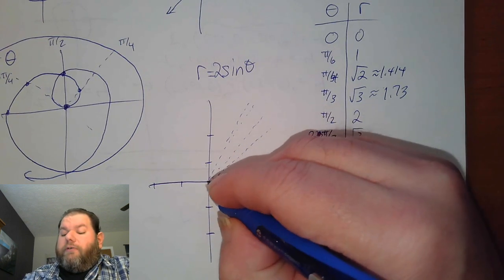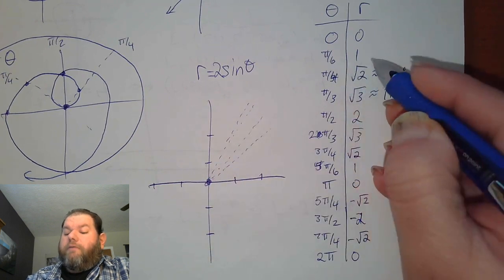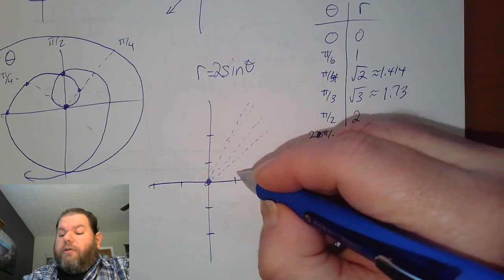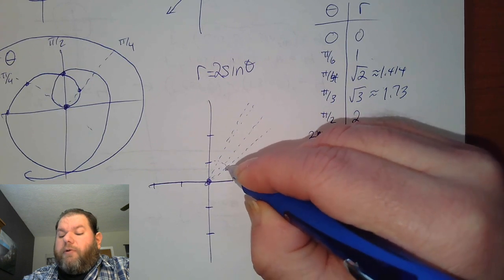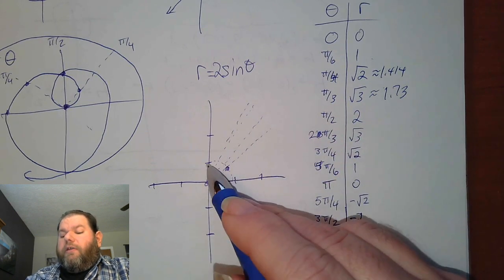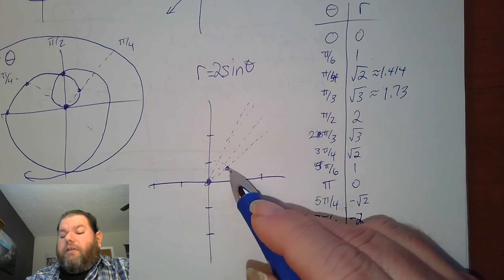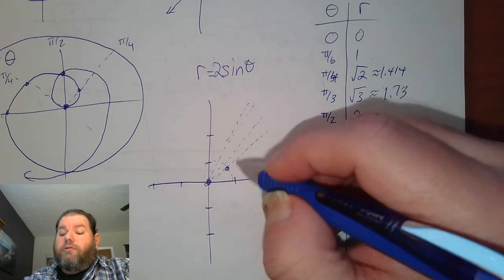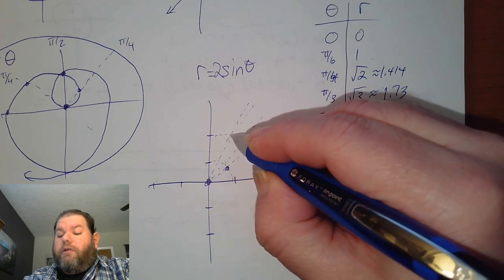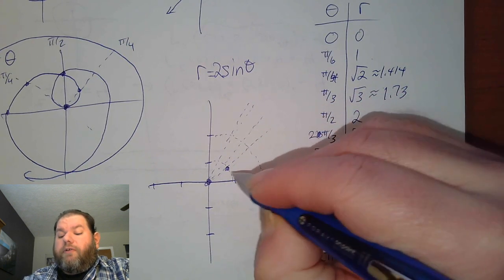So we start at 0, 0. We get pi over 6, comma 1. Now, 1 is right here, so pi over 6, comma 1 is kind of in the intersection of that circle and that line for pi over 6. That's how we visualize that. For 1.4, we think about where 2 is now versus 1.